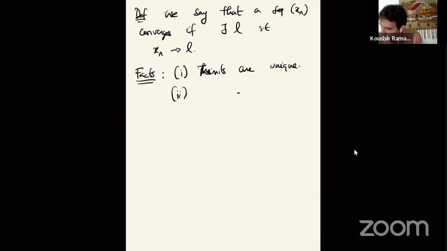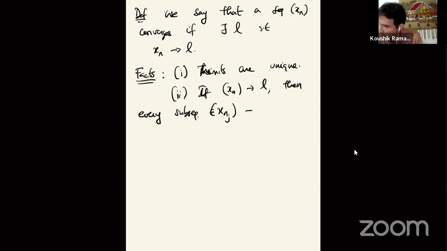Then what else? If xn converges to L, then every subsequence xnj also converges to L. Okay, or let me write this properly. If xn goes to L, then every subsequence xnj also converges to L.